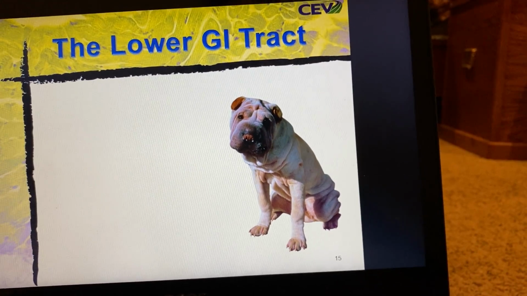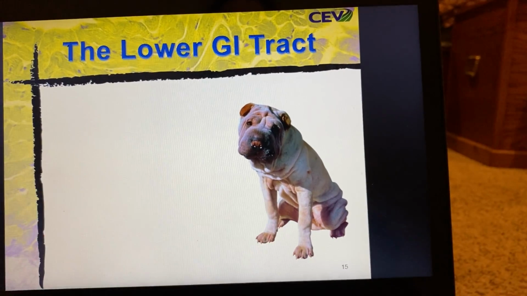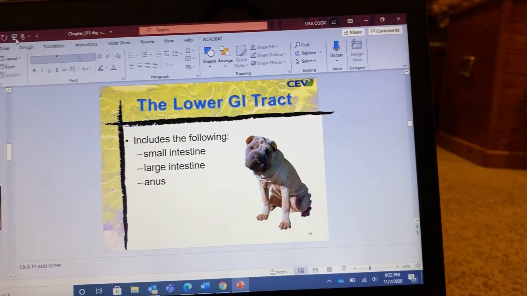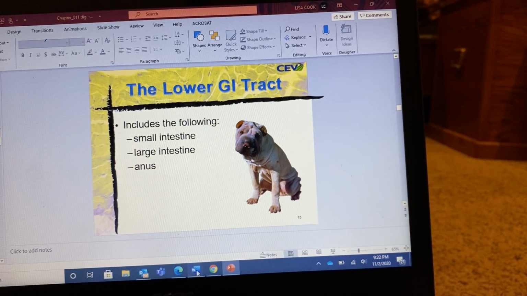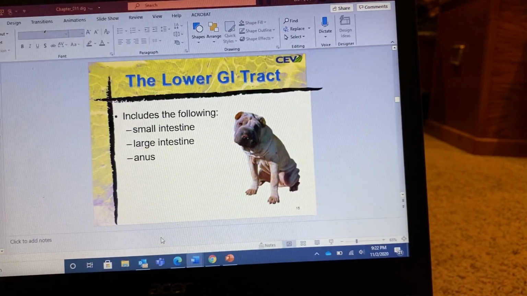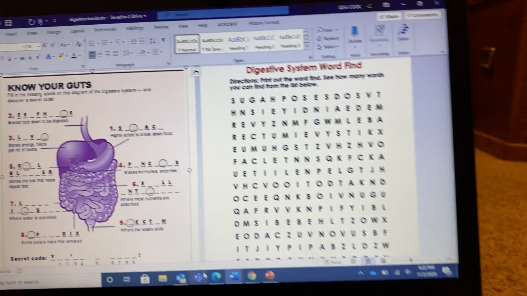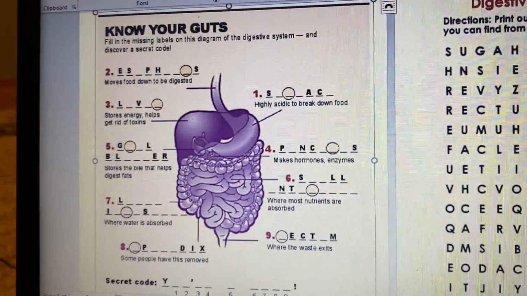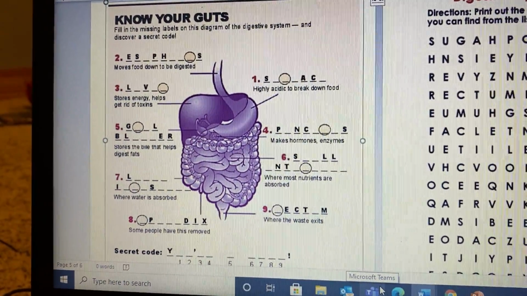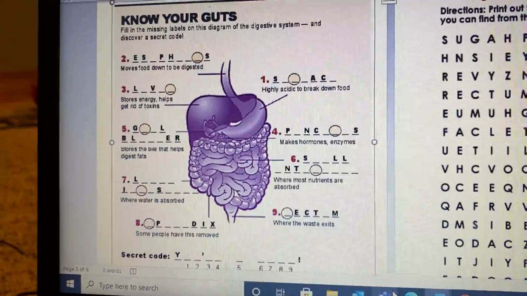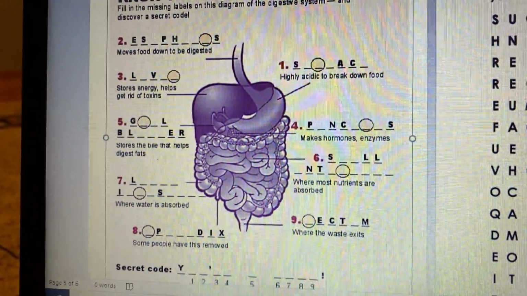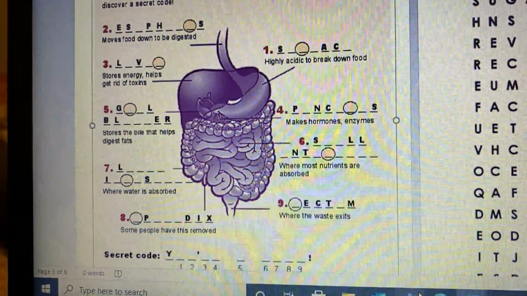Wrapping up here, we're going to do that KWL before we did this lecture. The other thing I want you to do is something that's in your mailboxes. I'd like you to do these two sheets. One is Know Your Guts. You do not have all these notes yet. Some of them you do, some of you don't.